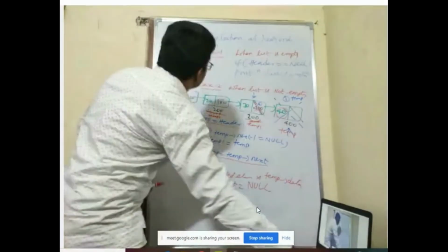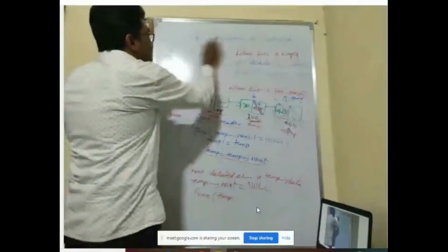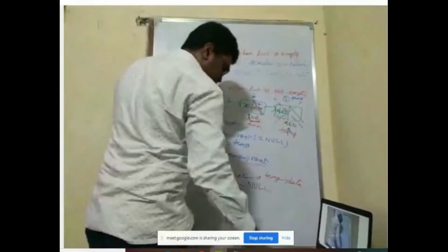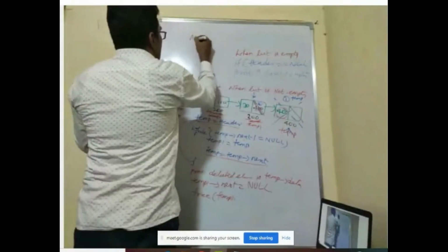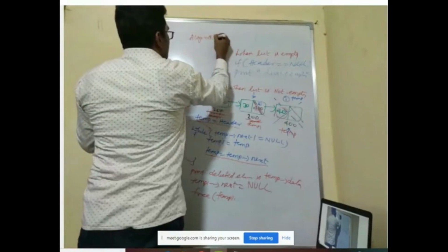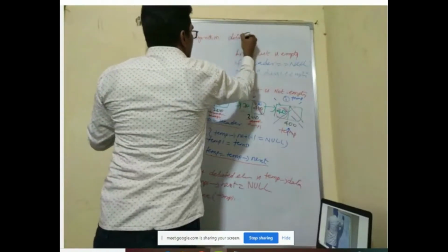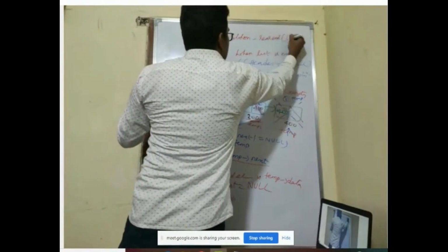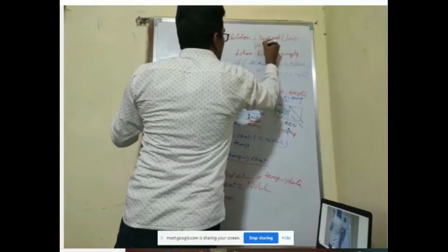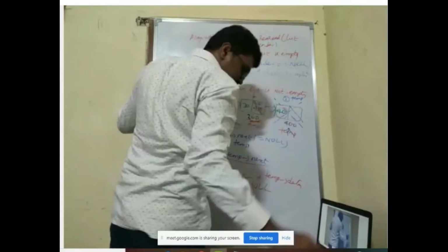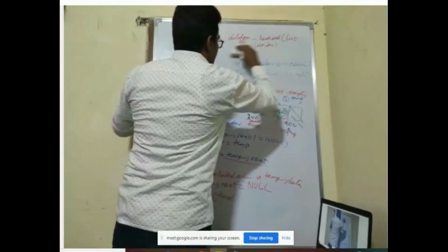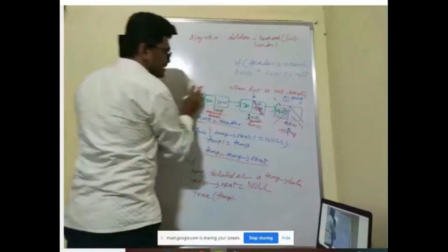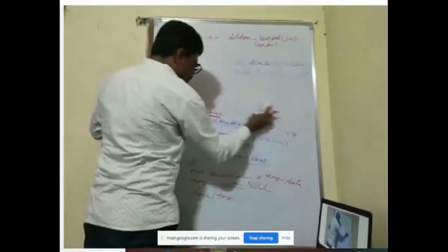The same thing you can convert into an algorithm as we discussed. So what we do? Algorithm: deletion underscore rear end, list of header. Is it right? So these diagrammatic parts and the comments and all you can remove if you want.